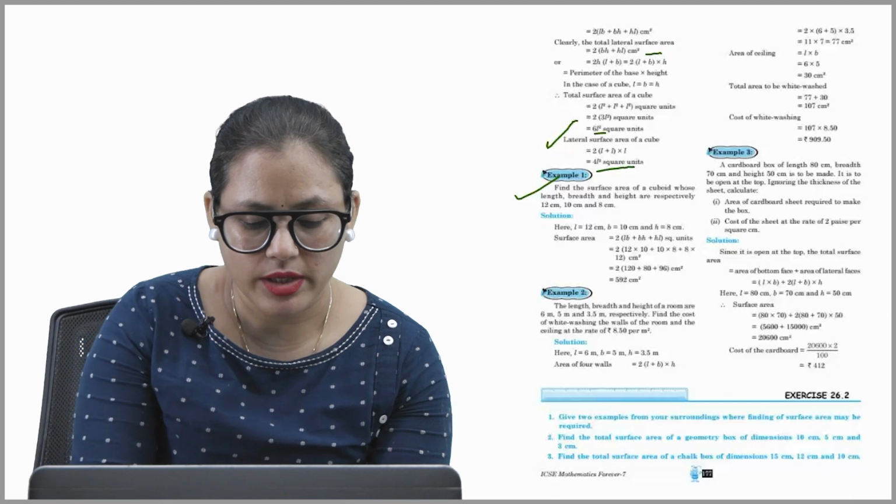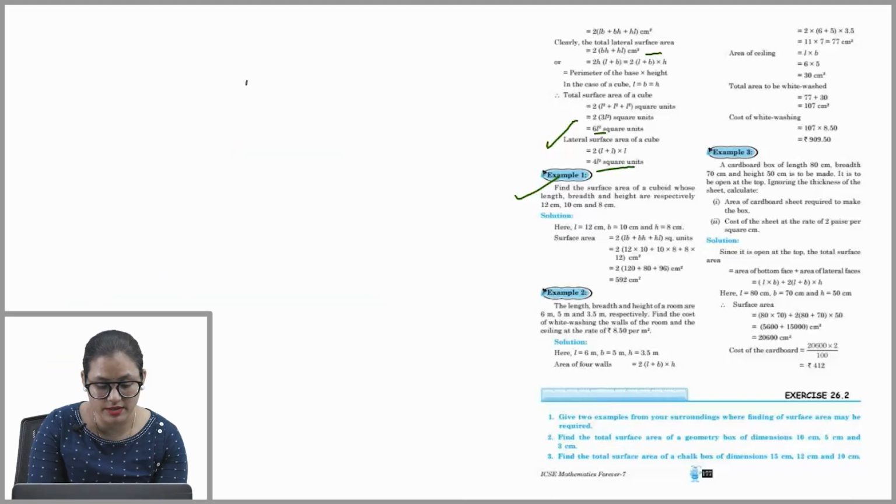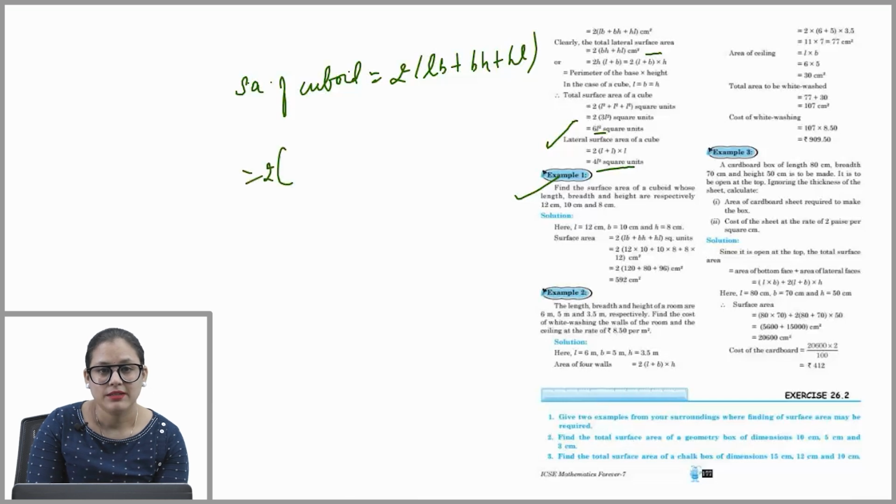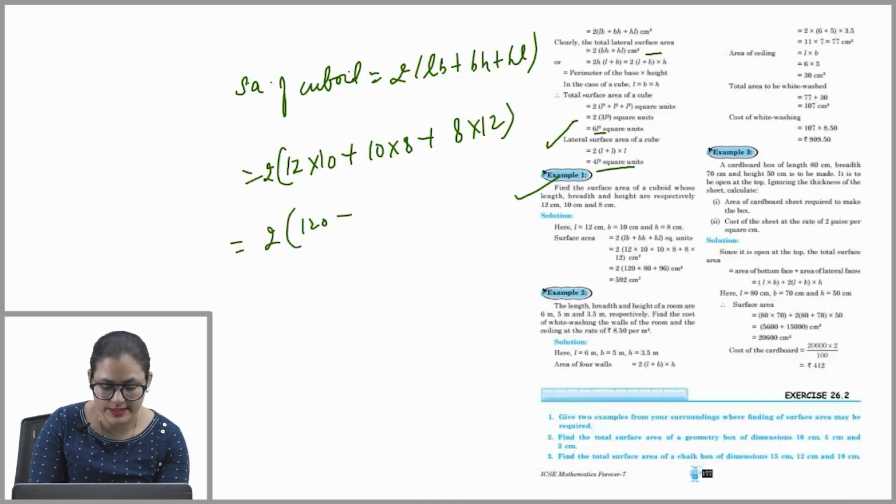Example 1. Find the surface area of a cuboid whose length, breadth and height are respectively 12, 10 and 8. So the surface area of a cuboid is what? 2 times (length into breadth plus breadth into height plus height into length). So length is 12, breadth is 10, and height is 8. 12 into 10 is 120, plus 80, plus 12 into 8 is 96 centimeter square.